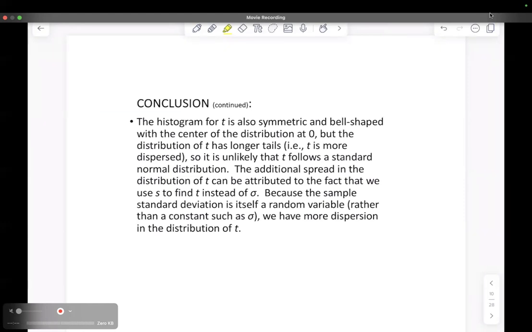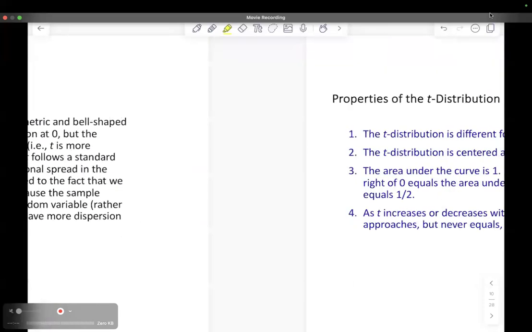And it's because we're using samples, and our samples will offer a wide variety of different means, and so it gives us more dispersion. It gives us a wider bell curve, and it's okay. But I'm not going to ask you to redo it or to explain it to me.